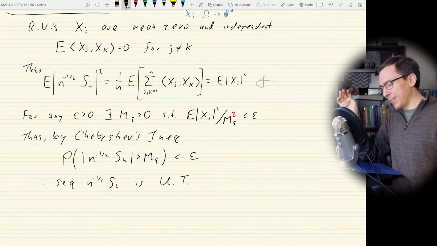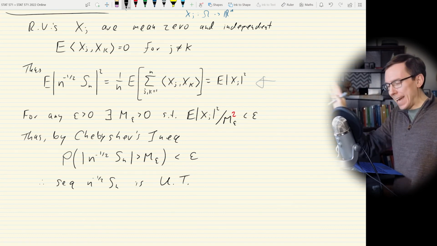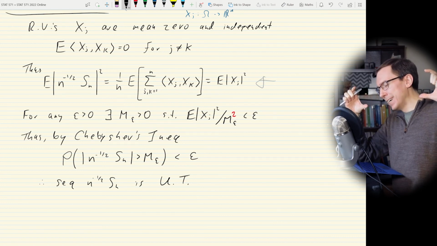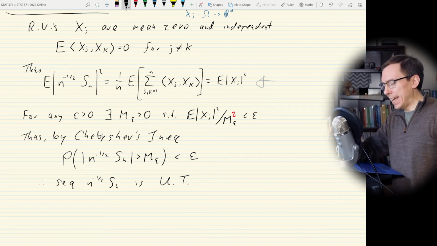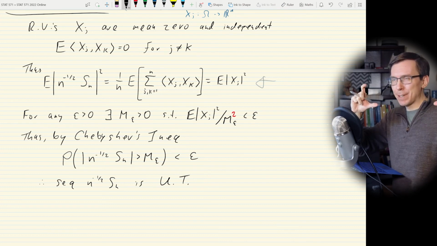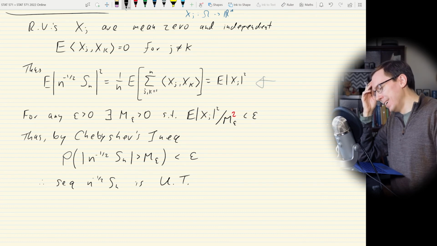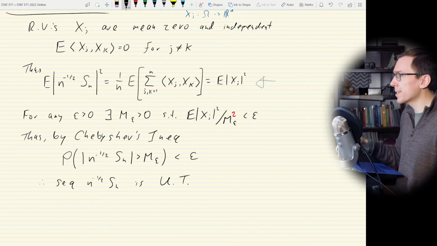For any epsilon greater than 0, I can find an M large enough such that the probability of being outside the interval from -M to M is less than epsilon. That interval is a compact set, and thus we have uniform tightness for our sequence.